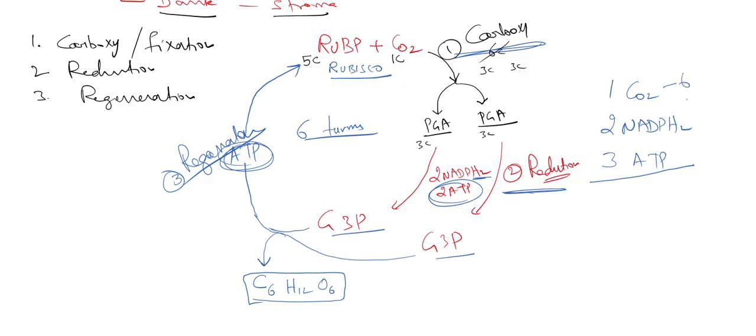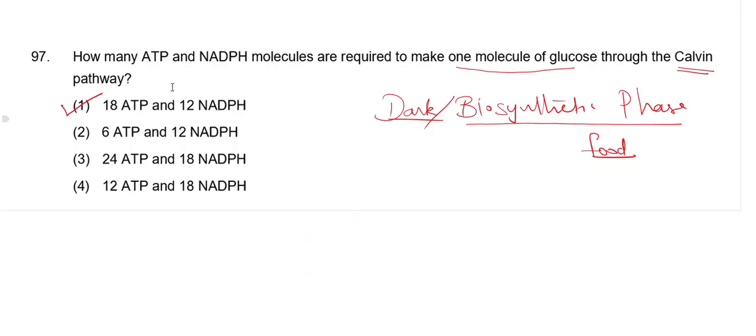So 6 ones are 6, 6 twos are 12 and 6 threes are 18. NADPH2 will be 12, ATP will be 18. So this is the answer to the question. Check the question. How many ATP? How many NADPH2? 18 ATP, 12 NADPH2.